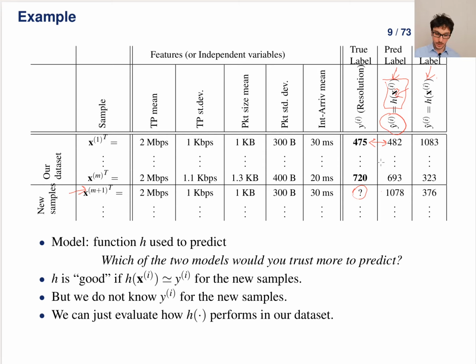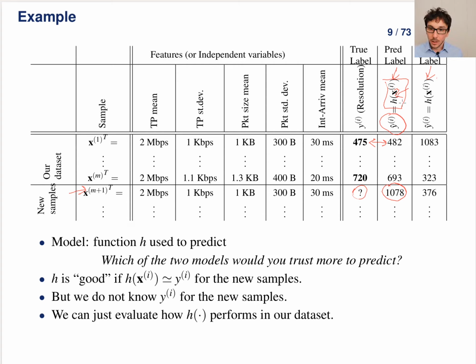Okay, the closer the model is to the true labels, the better. And so even if we don't know anything about the new samples, we can intuitively understand that we can trust more the first model, because it gave better approximations in the training dataset, so it is very likely that its approximations are also good for the new samples.